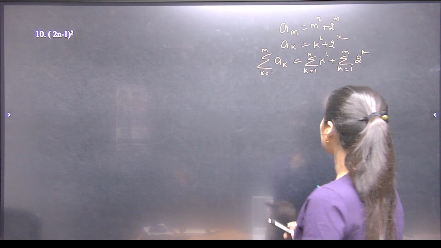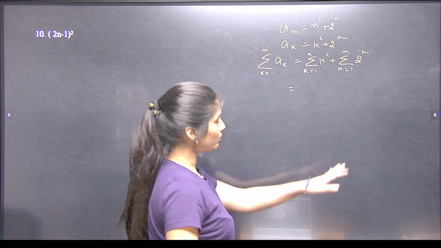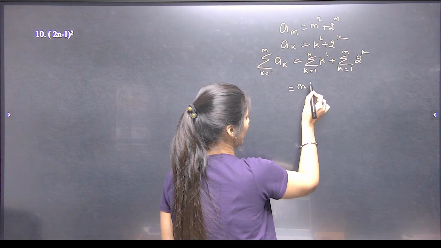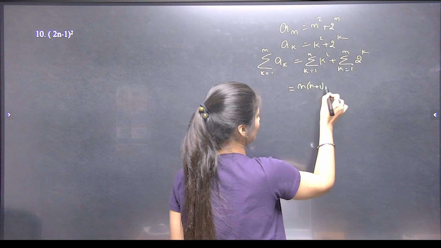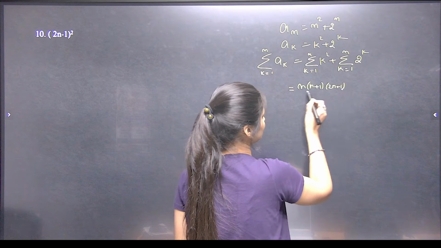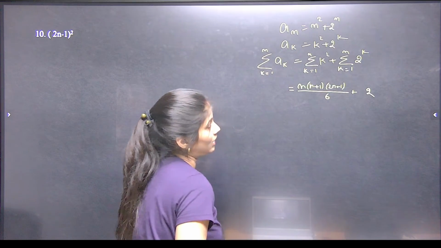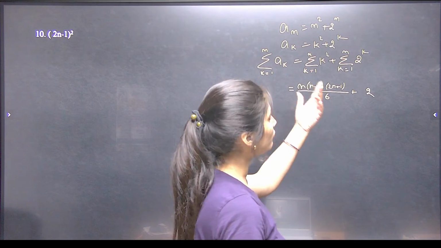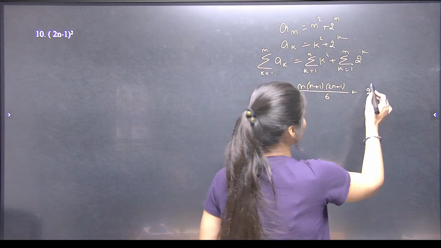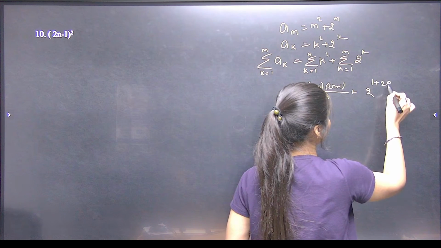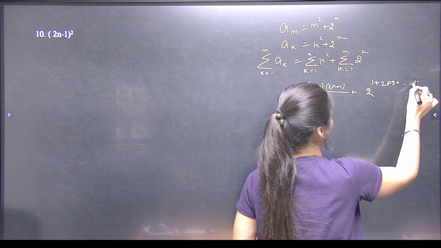So let's discuss. Sum of square of natural number, we know that it is n (n plus 1)(2n plus 1) by 6. Okay, now we have 2 to the power k, and the value of k varies from 1 to n. So we can say it is 2 to the power 1 plus 2 plus 3 plus up to n.